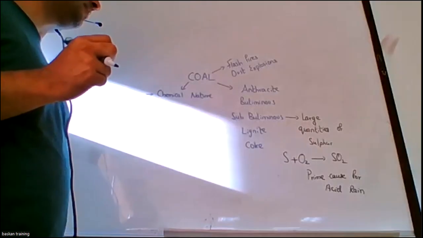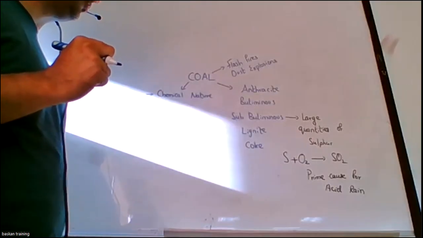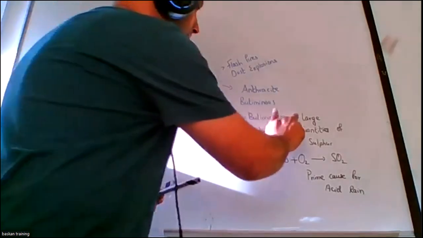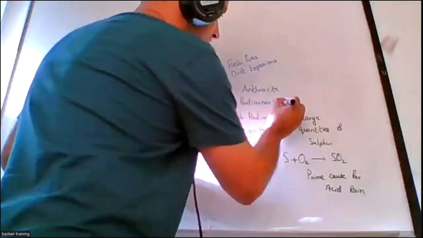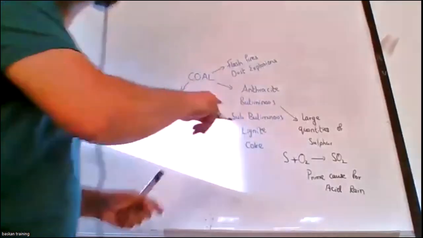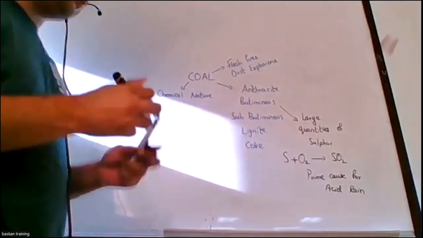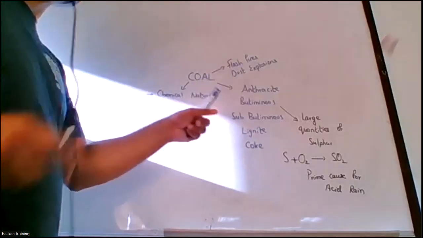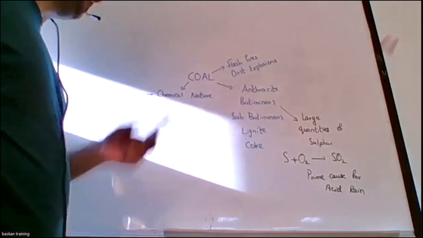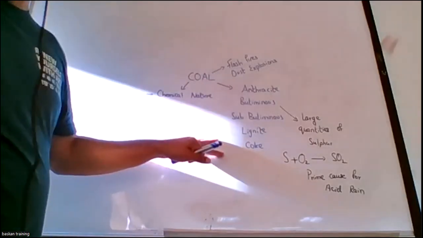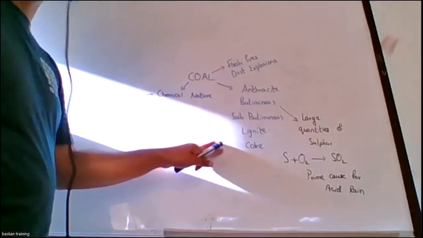Like bituminous has large, oh sorry, I made a mistake here. Bituminous has large quantities of sulfur. Sorry, bituminous has large quantities of sulfur, and it is indirectly responsible for acid rain. Not subbituminous; it has less sulfur. Bituminous releases large quantities of sulfur. The first thing is the chemical nature of the coal.